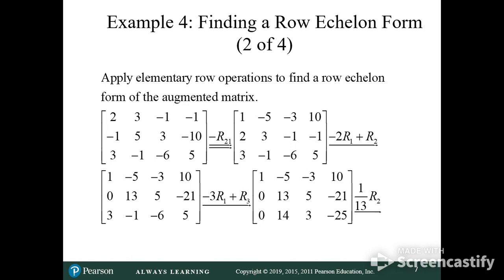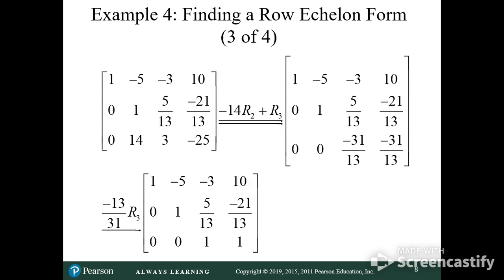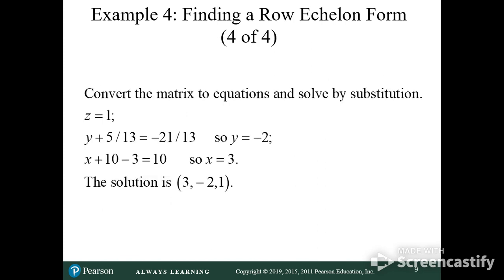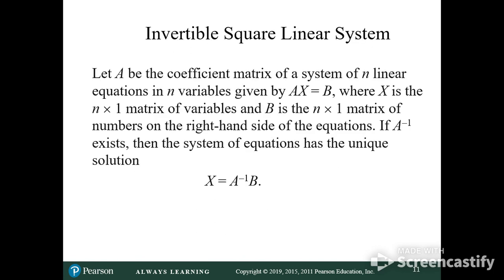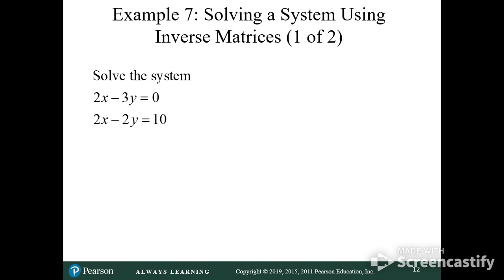So then what they did is took 1/13 of this row, and you got this crazy row, and then multiplied -14 times this row and added it to this row to get this crazy row, and then multiplied by the reciprocal to get this row. And what happens is then that you know what the solution is, okay? But we're going to find an easier way of doing it than that, okay?